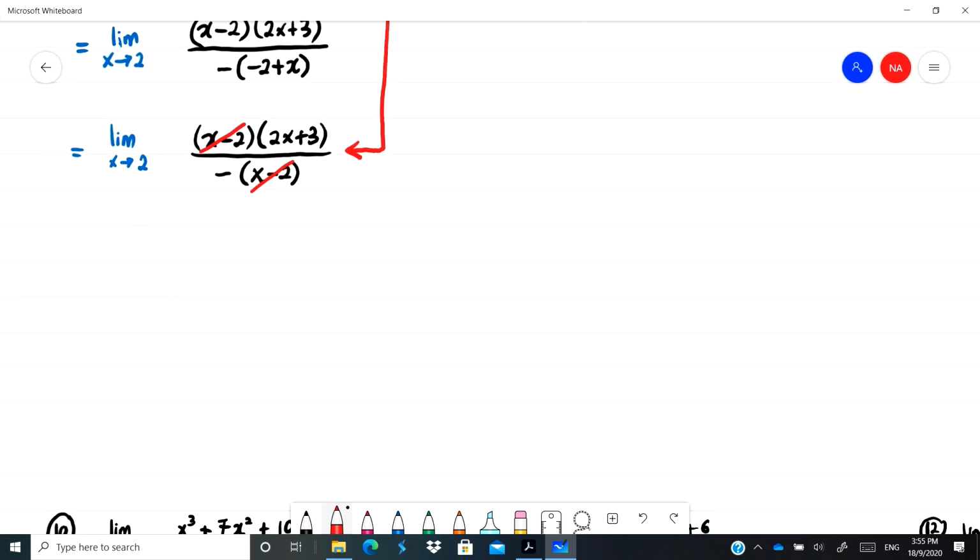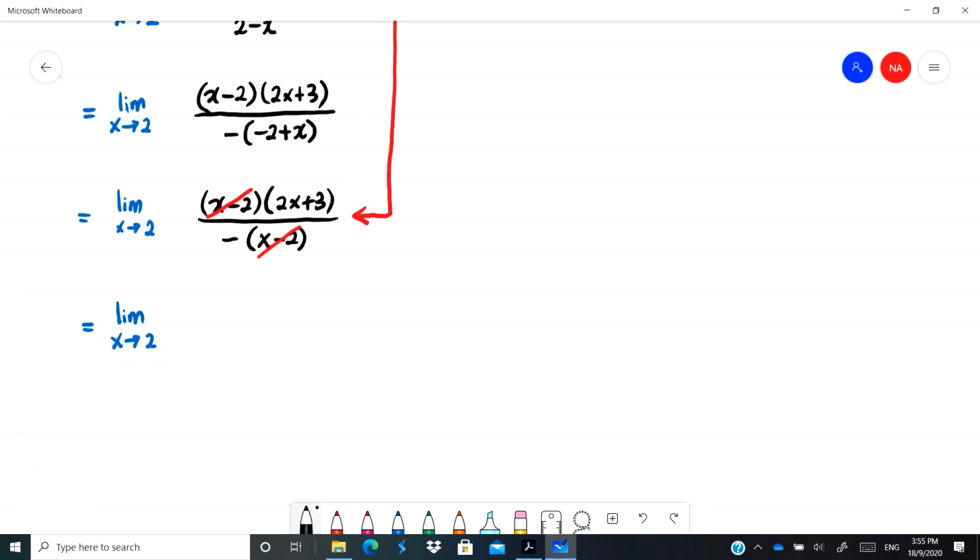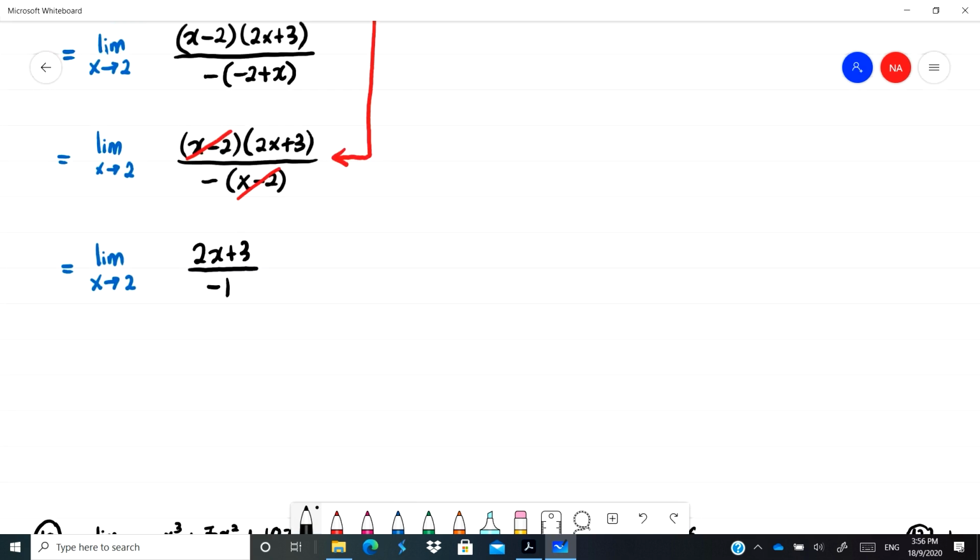You have not substituted the limit, so you have to write it back. You'll have something like 2x plus 3 over negative, which means -1. Now you can substitute the value of x, which is 2.